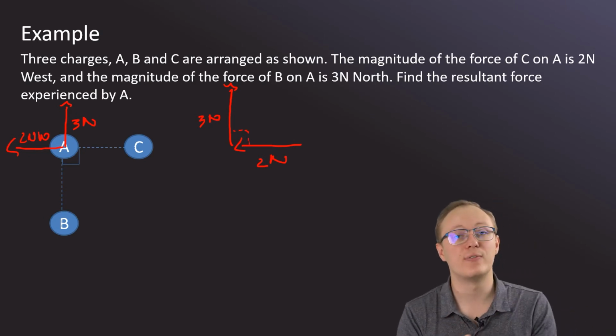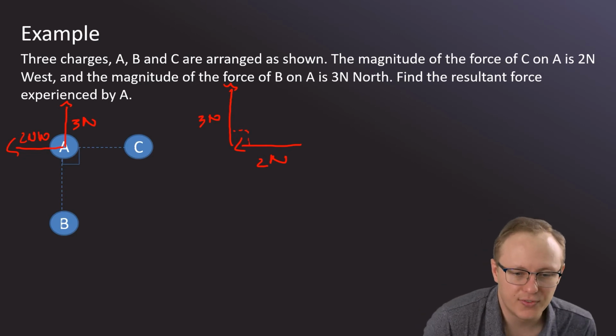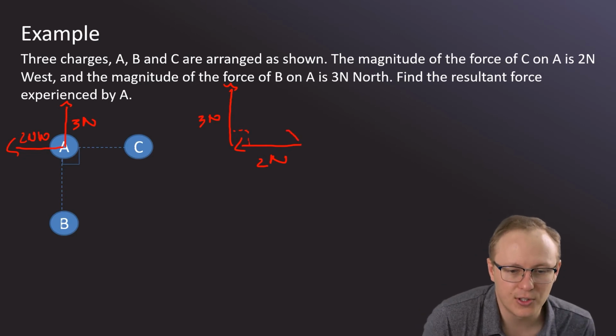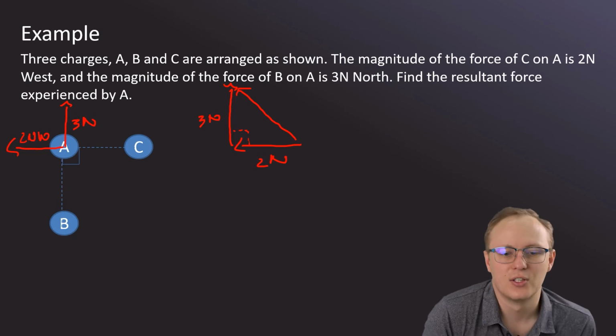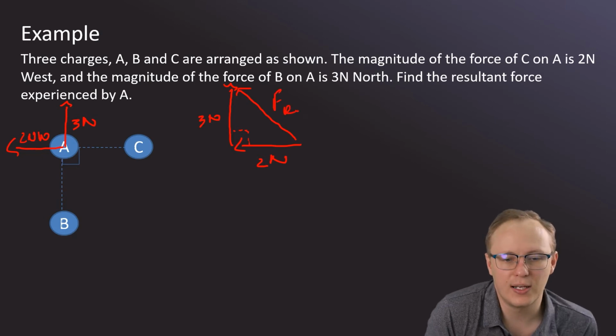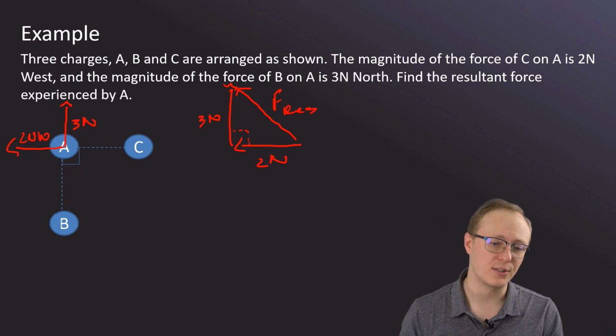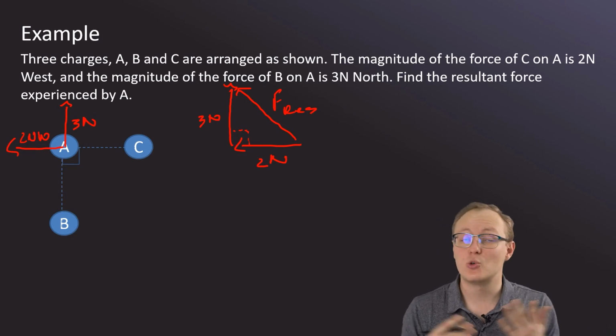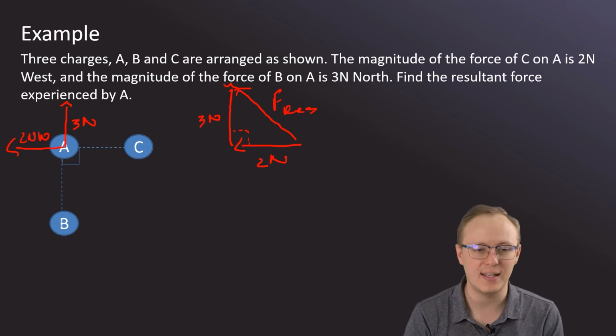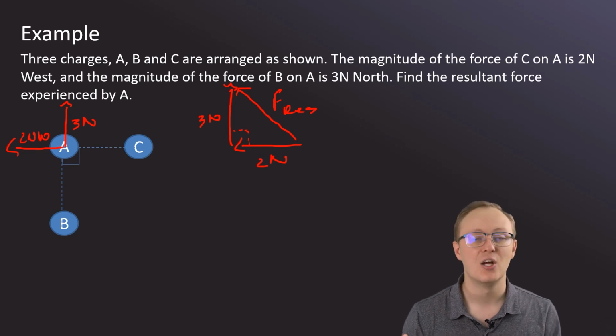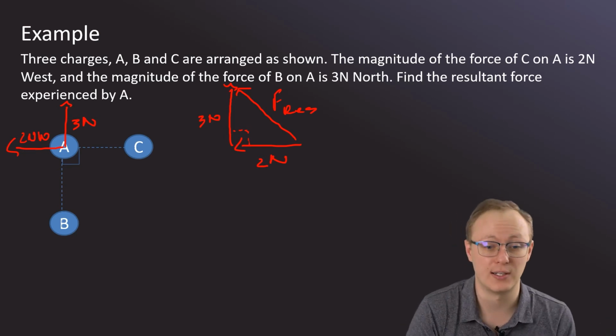And then we know that the resultant vector is the one that starts at the start of the first one and ends at the end of the second one, right? So this is going to be our F res or F net, whatever you want to call it. And now because we have a right angle triangle and we already have two of the sides, we can use Pythagoras in order to find the next one.